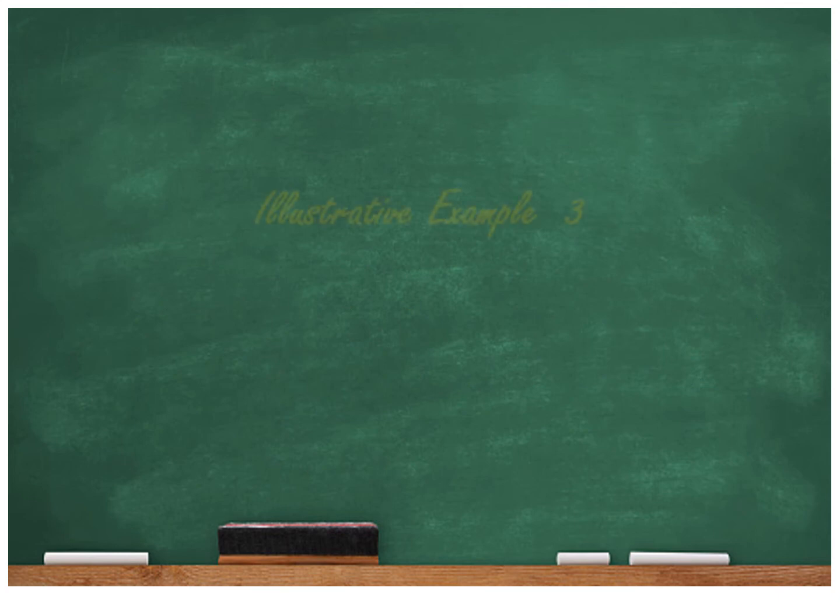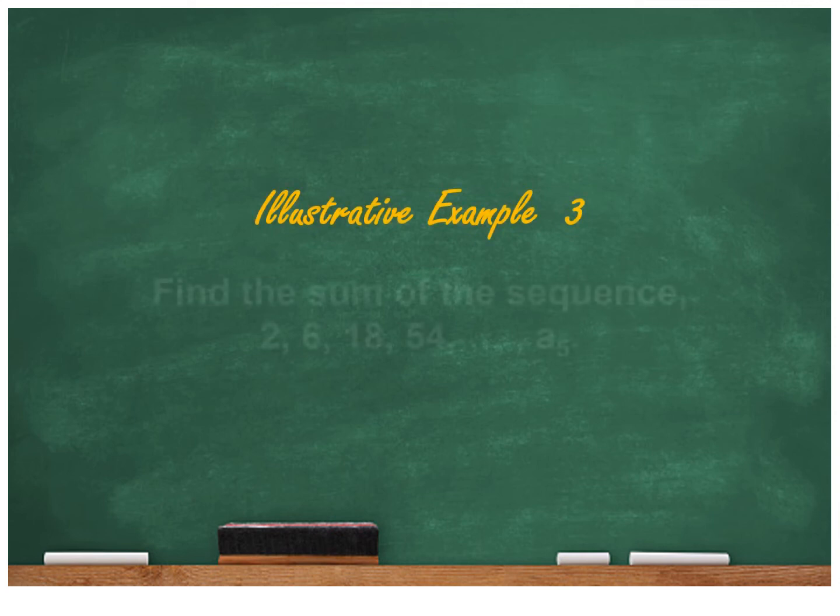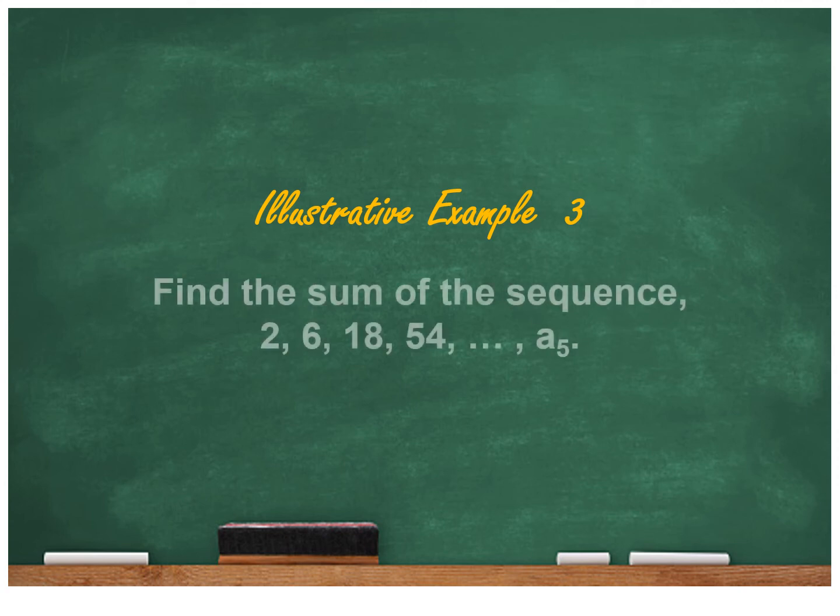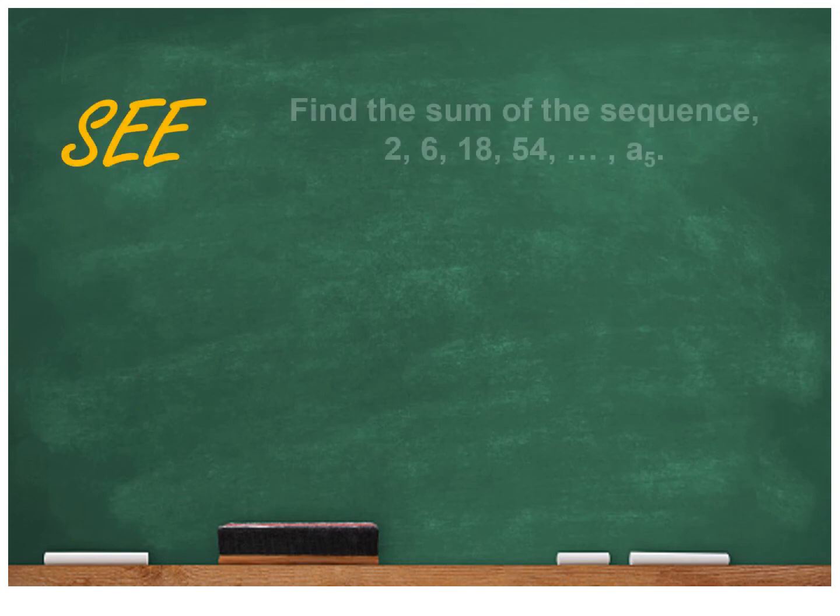Another example, example number 3: what if we are to find the sum of the sequence 2, 6, 18, 54, and so on, up to a sub 5? Again, we have to see what is given in the problem.